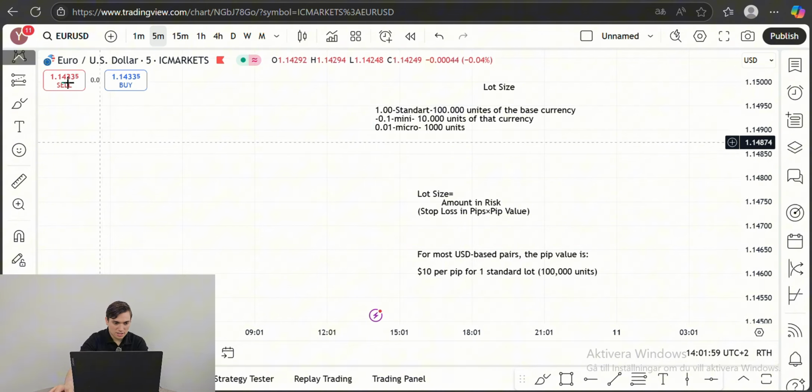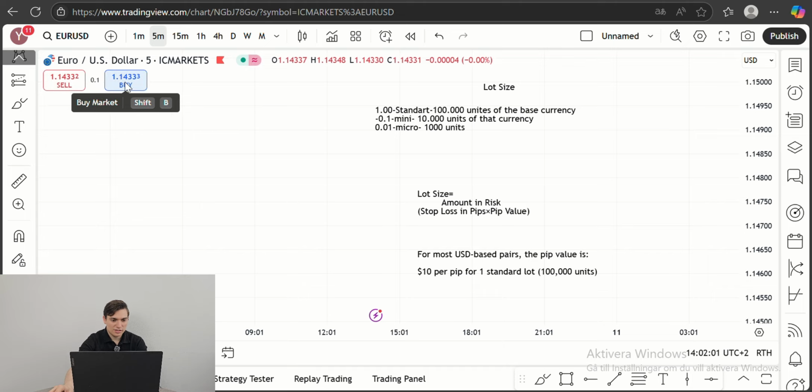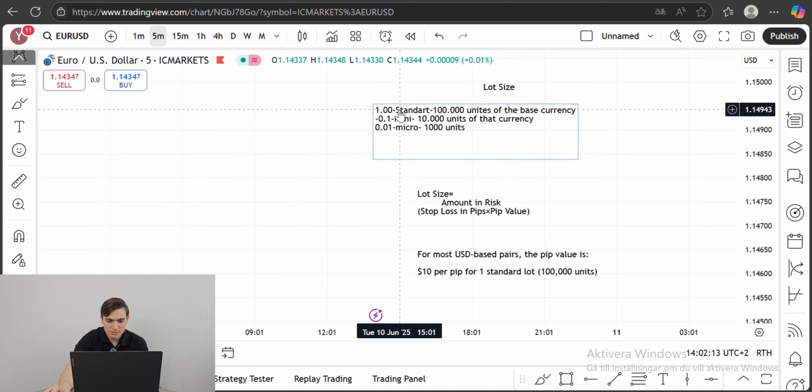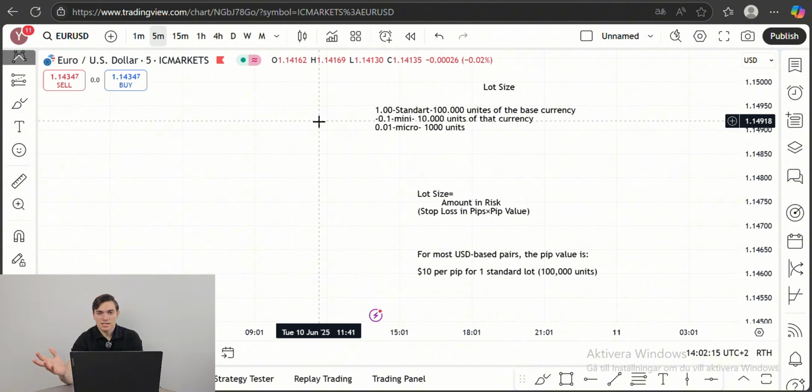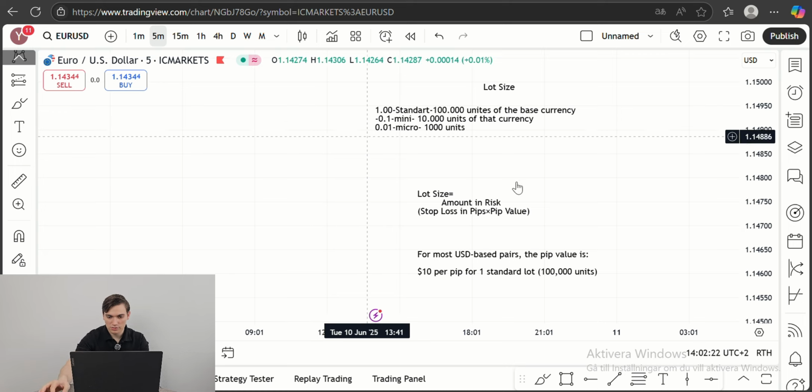You have sell and you have buy here. And then here you would write the lot size, but this is spread. But in other platforms like MT5, you put your lot size here. So if you write there 1.00, that is a standard lot. 0.1 is a mini and 0.01 is a micro.